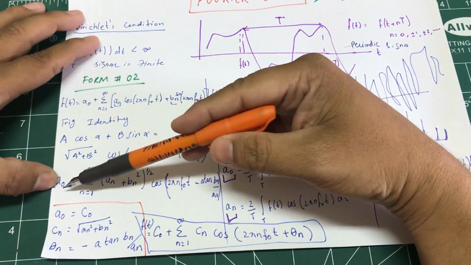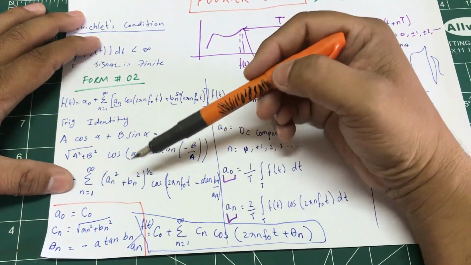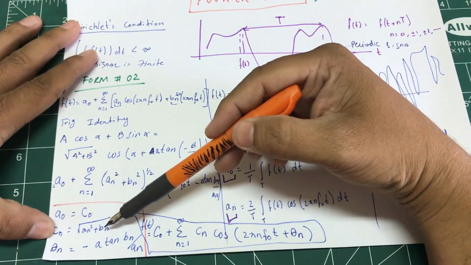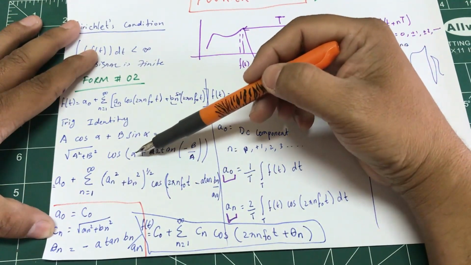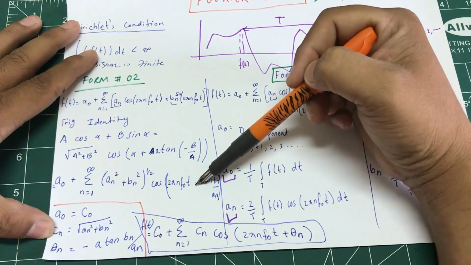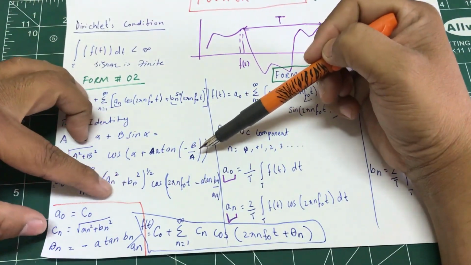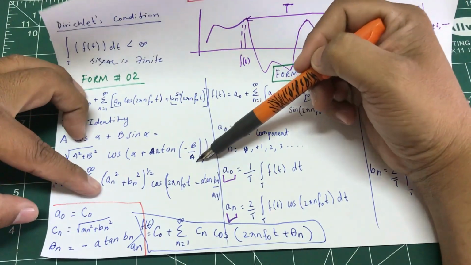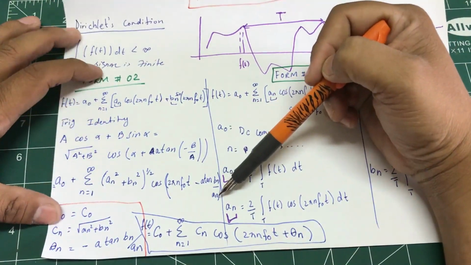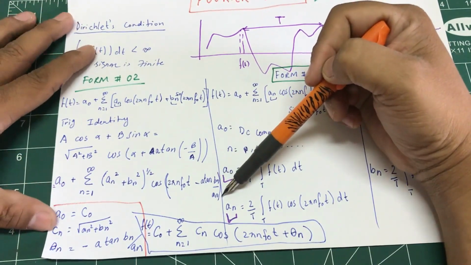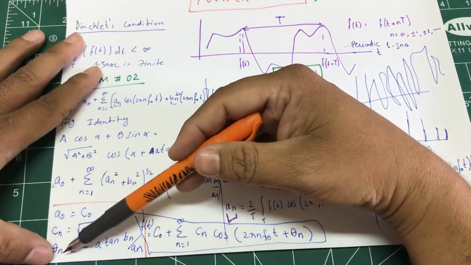So I have a naught, let's just leave it as is for right now, an squared plus bn squared, which I'm calling cn, cos alpha, which is 2 pi n f naught t, arctan of bn over an, minus arctan of bn over an, I'm just calling it theta n.